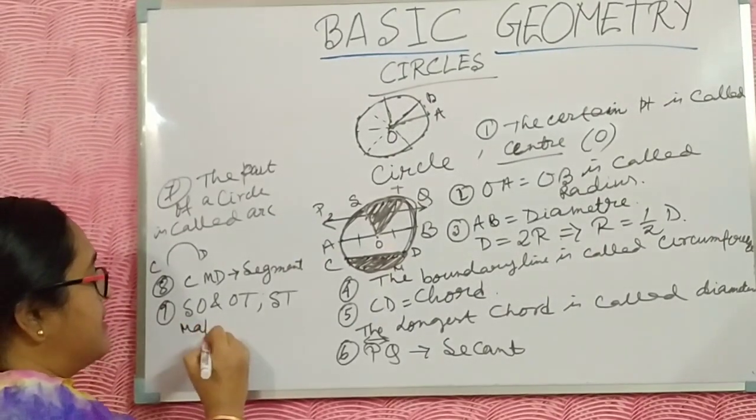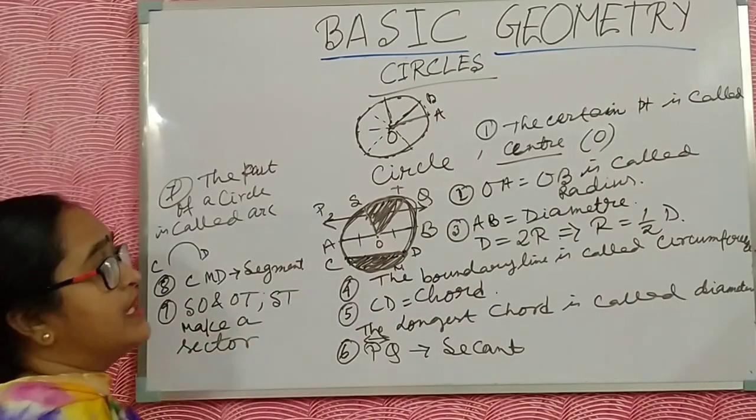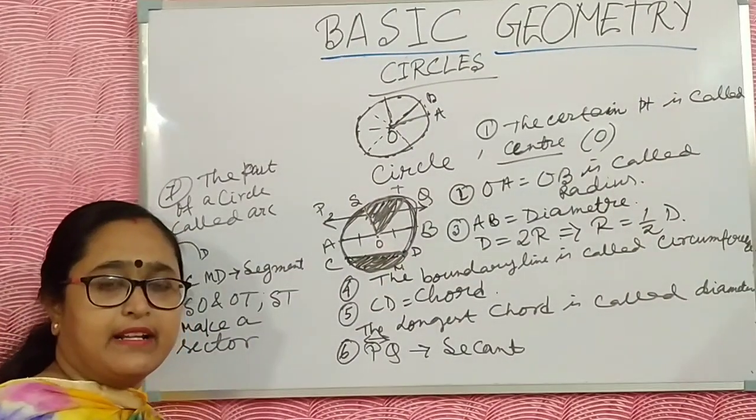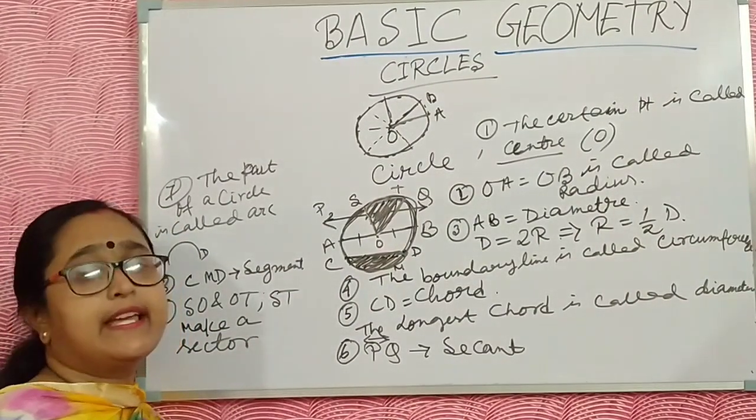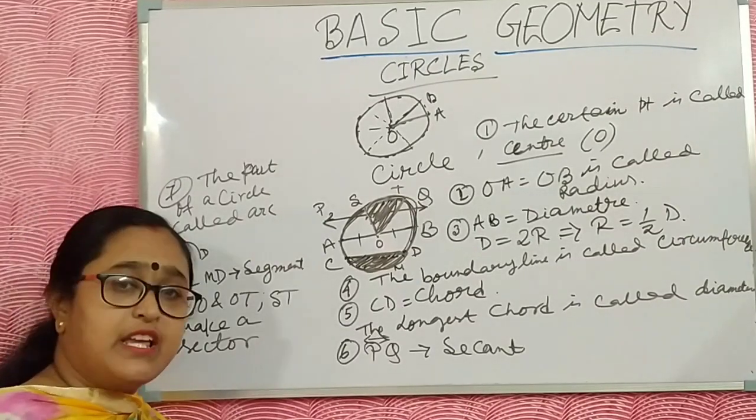And another thing is that the half portion of the circle is called the semicircle.